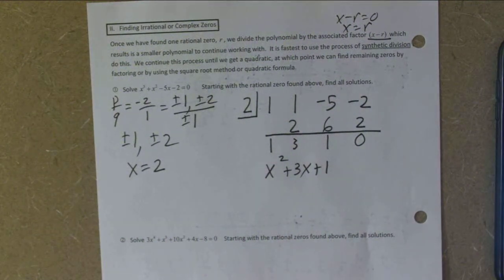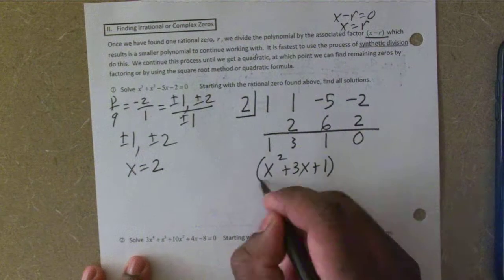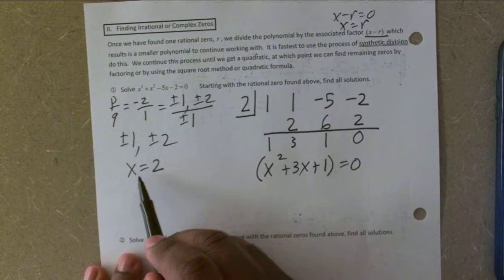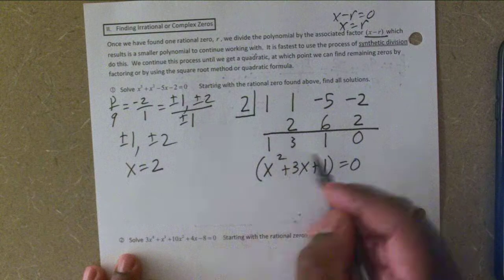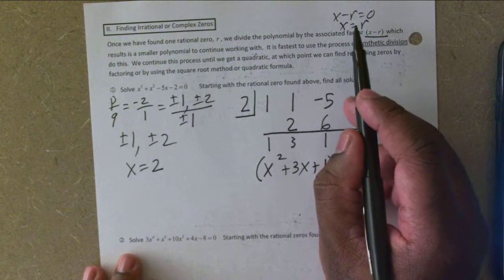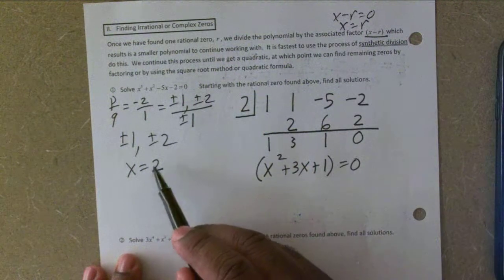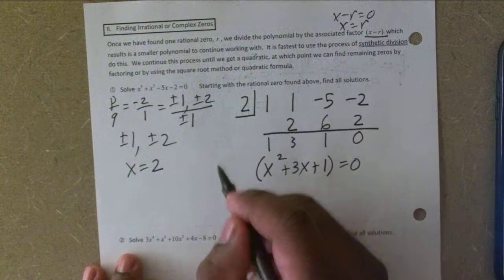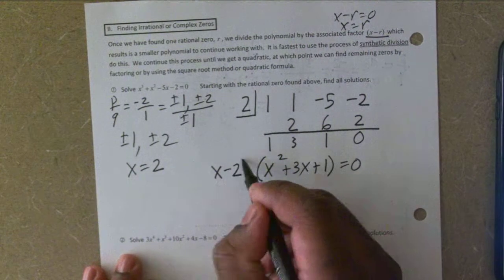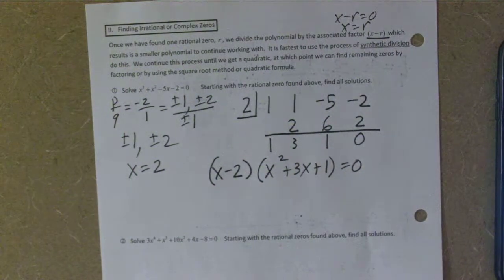So this will be 1 parenthesis, equals 0. Now we will write this as a parenthesis. This goes back to what I was doing here. This 2 is your r. To move this 2 over here, this will give us x minus 2 in parentheses. So x equals 2 is really x minus 2 in the parentheses. Does everyone follow that?